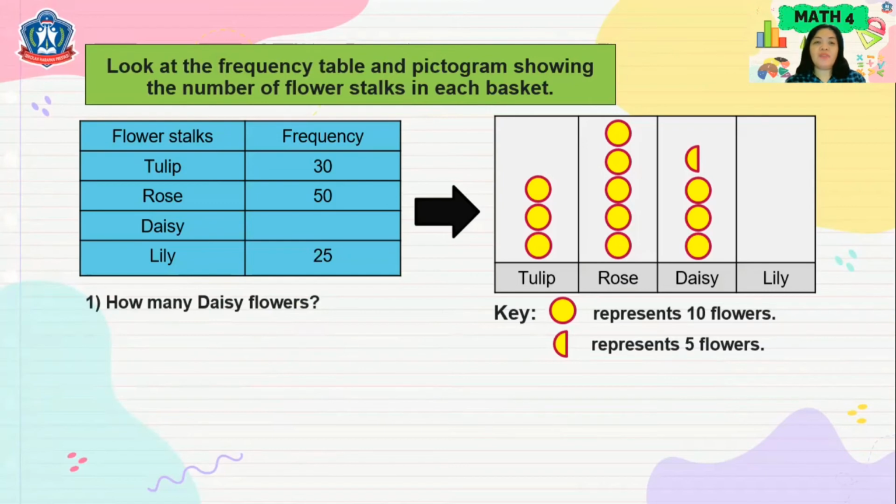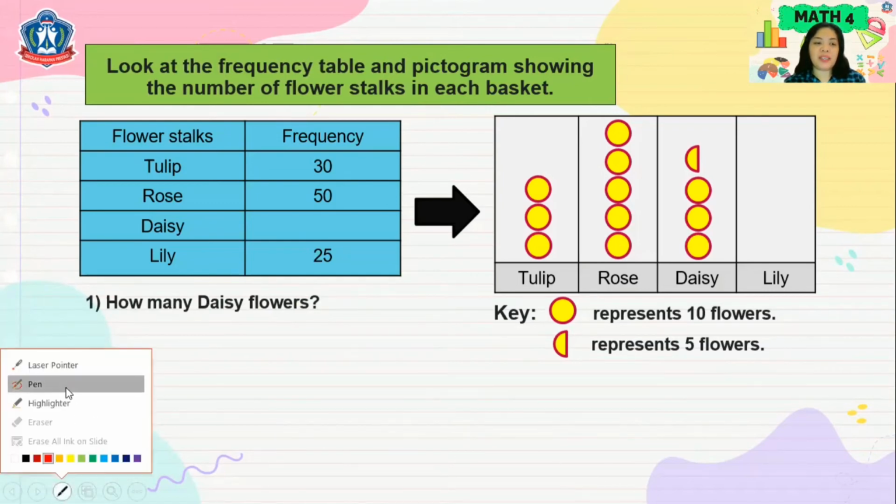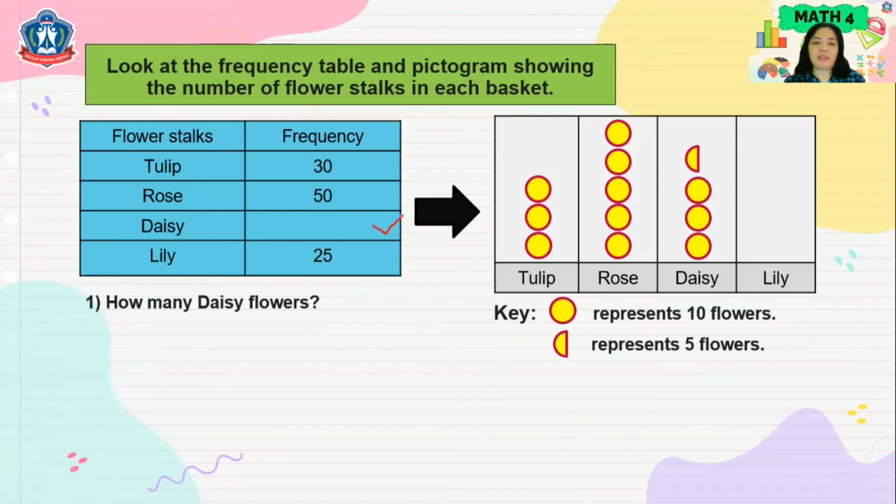In our frequency table, as you can see, it's empty. But in our pictogram, for the daisy, we can see that there are 3 circles and 1 half circle. Again, one circle represents 10 flowers, and a half circle represents 5 flowers.